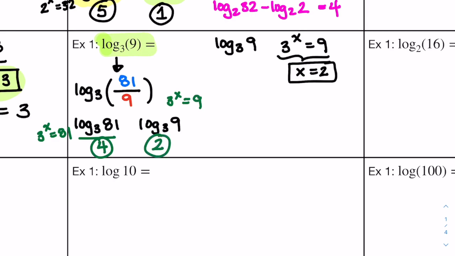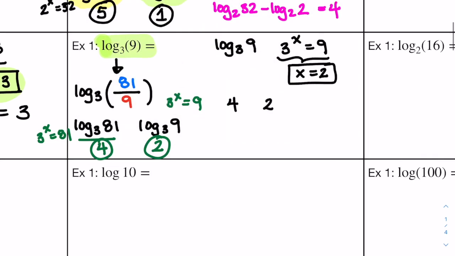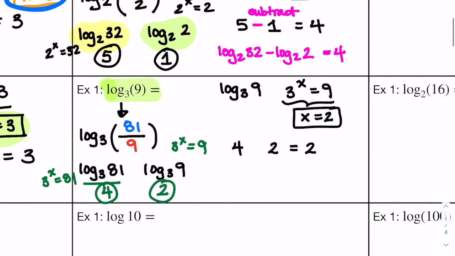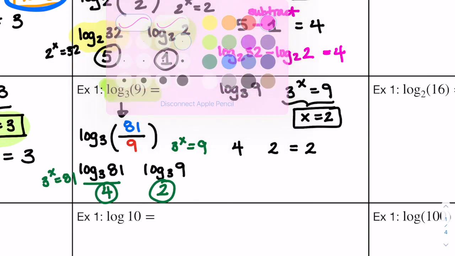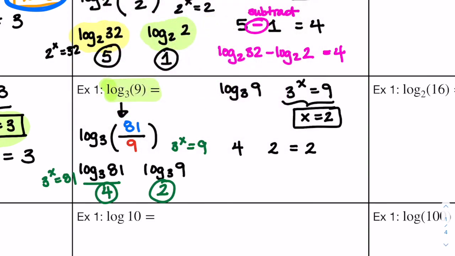That's 2, just like we said over here. So the question becomes, what could I do to the values 4 and 2 and end up with 2? And it has to still be consistent with what we did up here. So if we subtracted, does it still work here? Is 4 minus 2, 2? Yes. So again, we're seeing that we could also write this as maybe something like that.